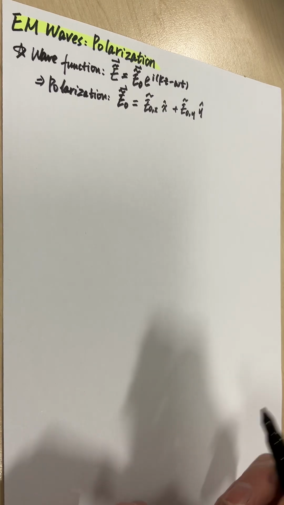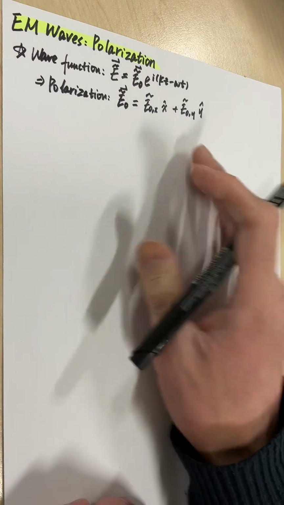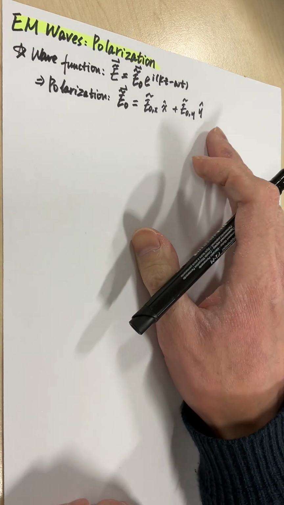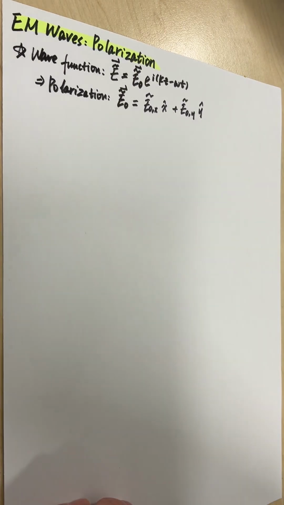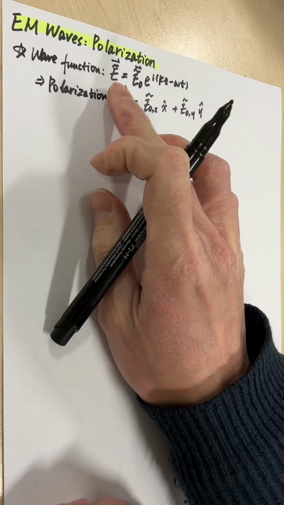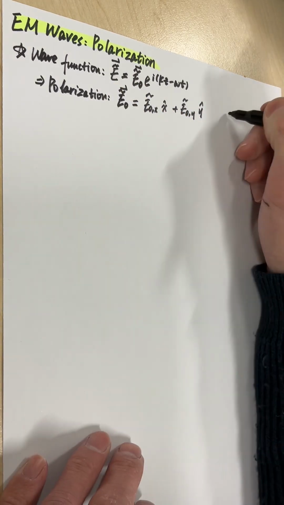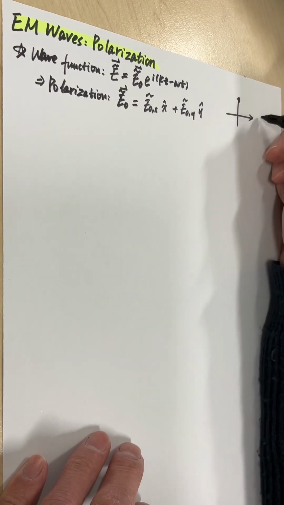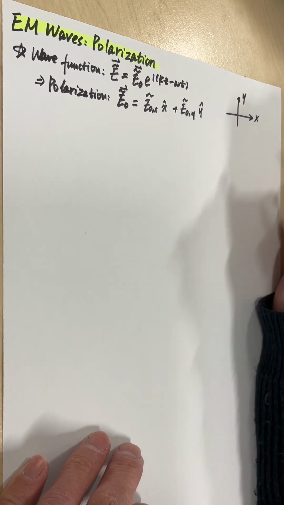And we have already proven that for an EM wave there's no z component for the polarization. There is no z component for the E field. So the polarization will be on the xy plane.